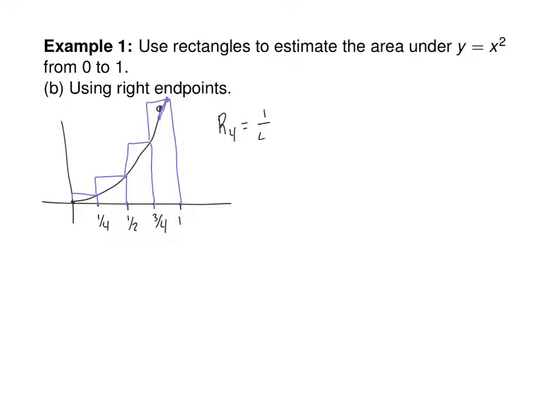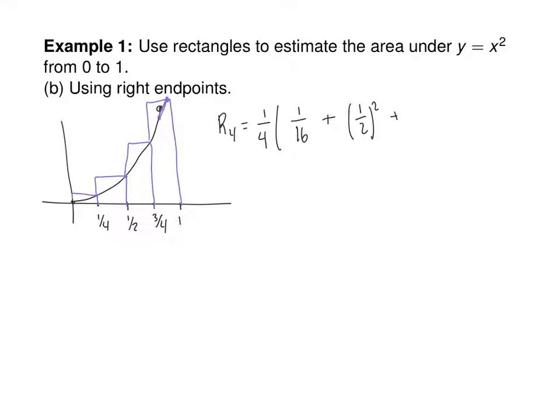I'm going to factor my width out because every single thing has a width of 1/4. What's the height of the first box? 1/4 squared, so 1/16. Is that okay? What's the height of the second box? 1/2 squared, 1/4, right?